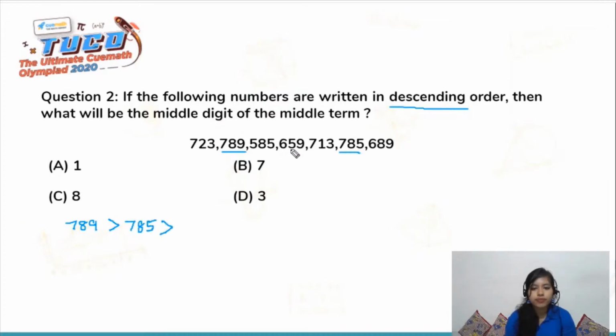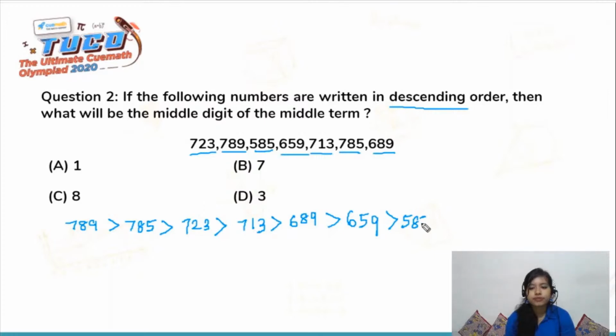Then goes 723. Then we have 713, not 6, 713. And then we have 689. Then we have 659. And finally, we have 585, right?